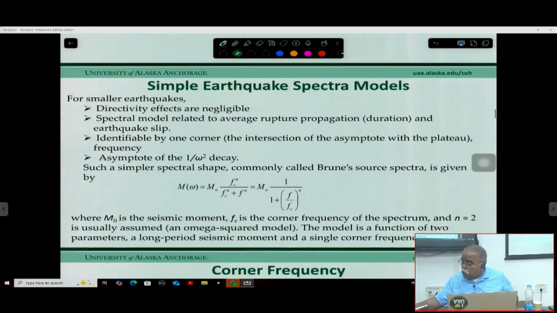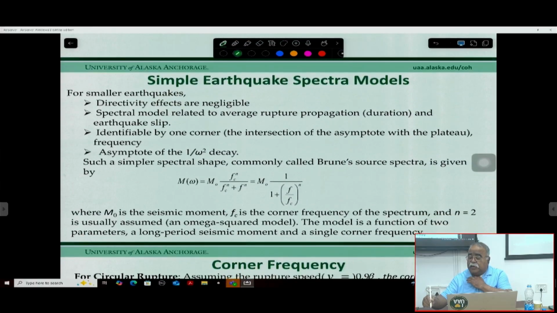Now, if your source function, as you have seen in the stochastic modeling, will be equal to m0 into 1 by fc to the power n equals 2, right? So fc is the corner frequency.